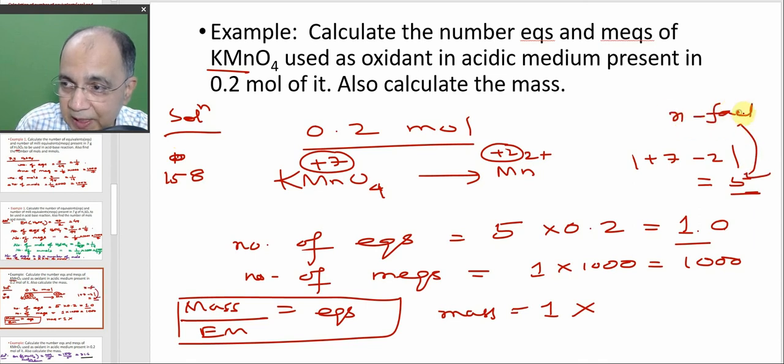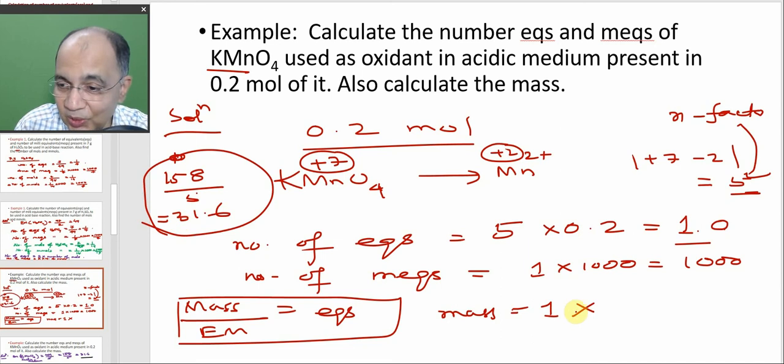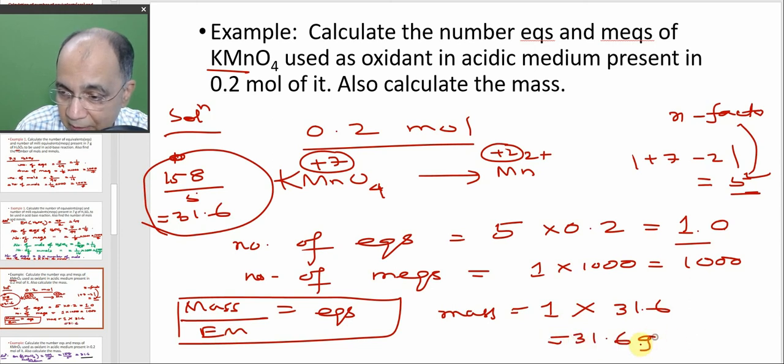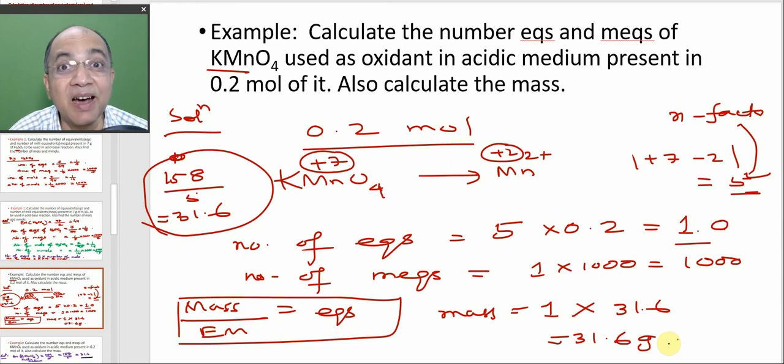So 158 by 5 is equal to 31.6. So 1 into 31.6, it is 31.6 gram. Did you get this answer? Sure? You are not cheating? Good.